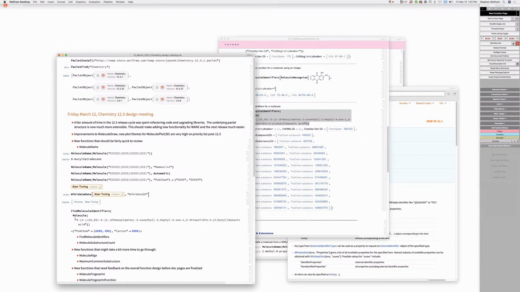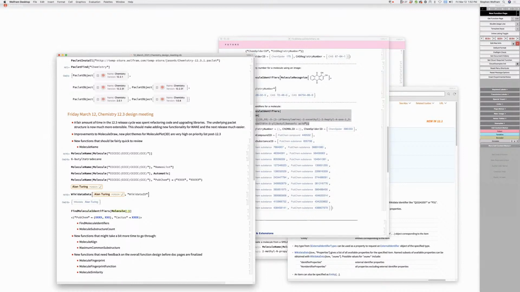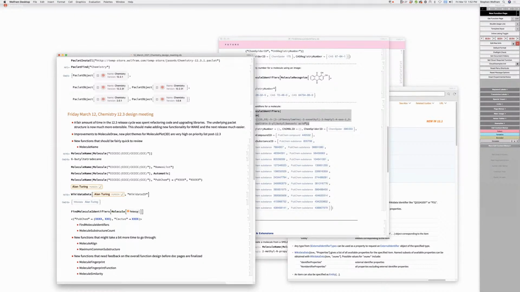Really? Let's try it. What happens if I say something like, just for fun? That should be present there. What is finding chem? What does that mean?